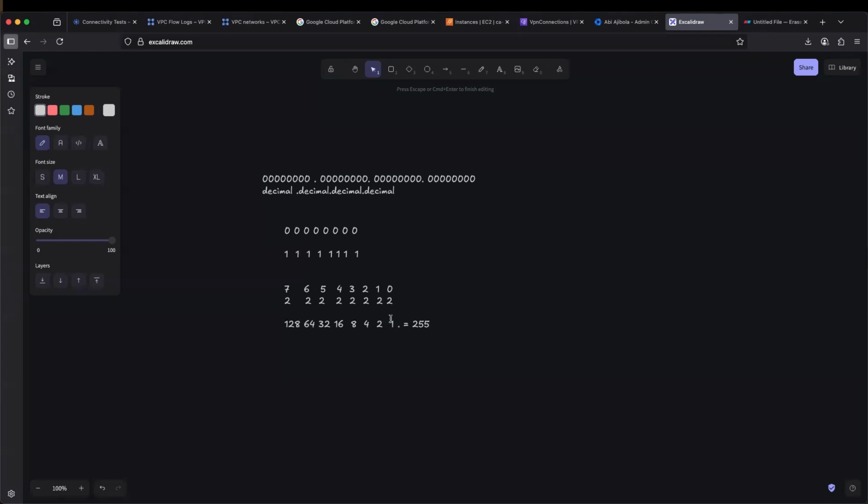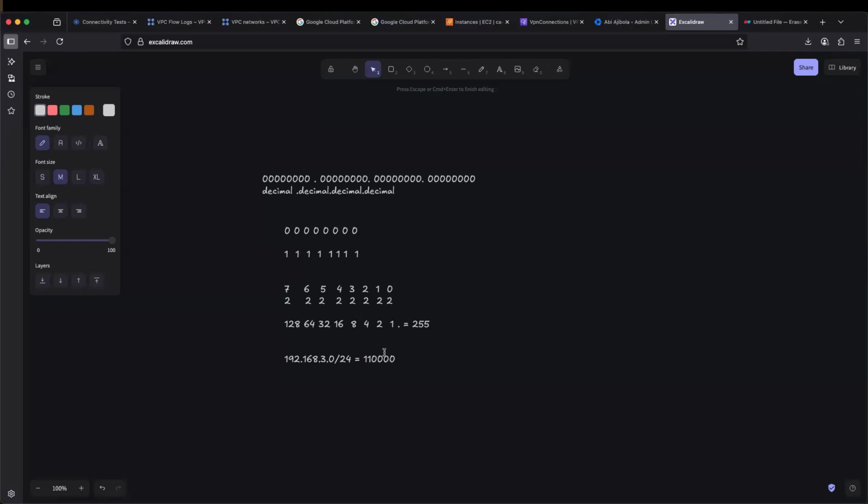So if you have this in mind, for example, let's take an IP address of 192.168. Let's take a class C, which we will talk about soon. If you do something like this, basically what you are saying is that you turn on bits 1, 2, 3, 4, 5, 6.